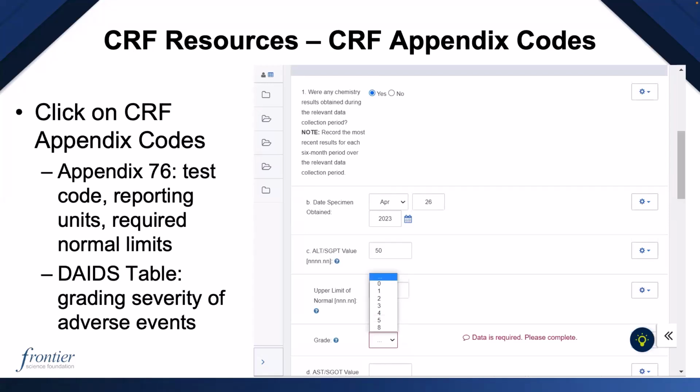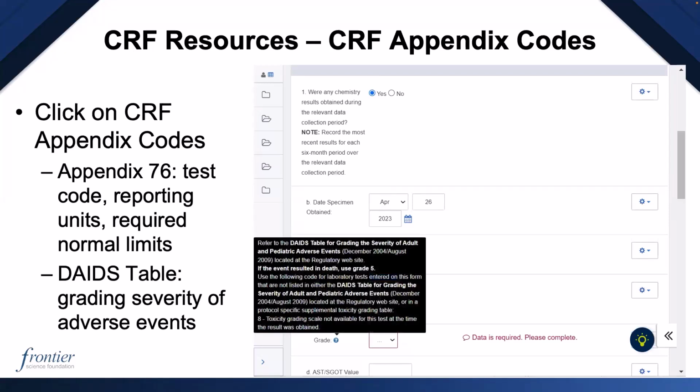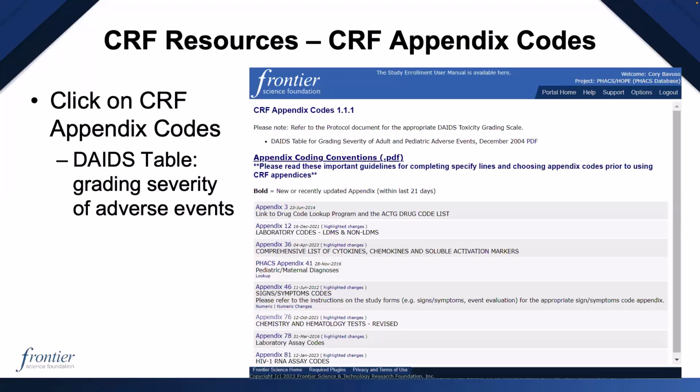Again, if we hover over the icon, we get some good information. We're instructed here to use the DAIDS table. And specifically, we want version 1.0, which was published in December 2004, with a clarification date of August 2009. It's in the same resource on the portal, the appendix codes list, and the DAIDS table is available at the top of the page.